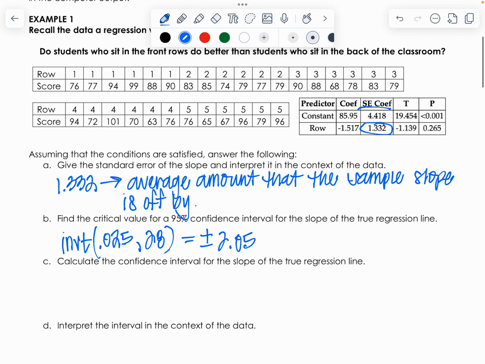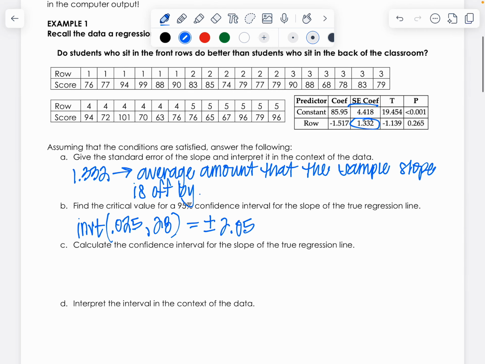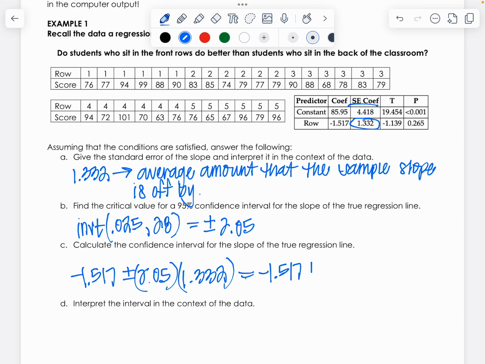All right, so then using our formula, we're going to take our sample slope, so our b value, negative 1.517, plus or minus that 2.05, the t value, times the standard error of the b value, 1.332. Well, that'll be negative 1.517 plus or minus 2.05 times 1.332 is 2.7306.